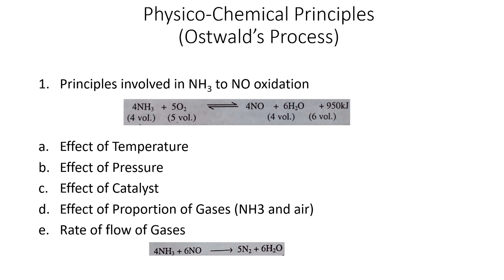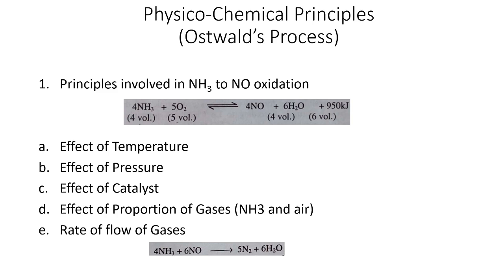Means ammonia is going to adsorb. Okay, whatever NO, that is nitric oxide, is formed should leave. As soon as NO is formed, it should leave and it should be replaced by ammonia. But if the flow of gases is not controlled, then there are chances that ammonia and NO may come in contact with each other on the surface of the catalyst, where such unwanted conversion of ammonia to nitrogen may take place. So the rate of flow of gases should be high.